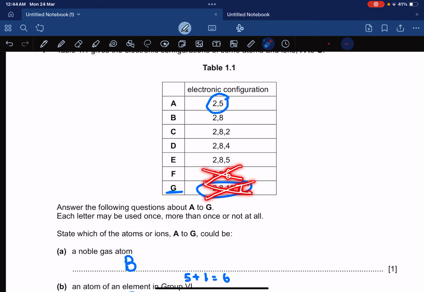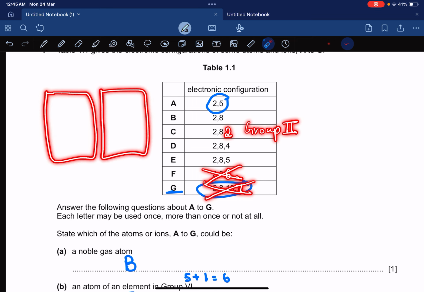If we need a good conductor, we've got to take something that's a metal. This one right here is a metal because it has 2 electrons in its valence shell, so it belongs to group 2, and group 2 has metals. On the left side of the periodic table, this is the right side, on this side you have metals, on this side you have non-metals.